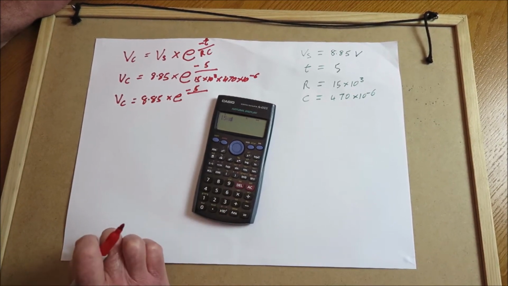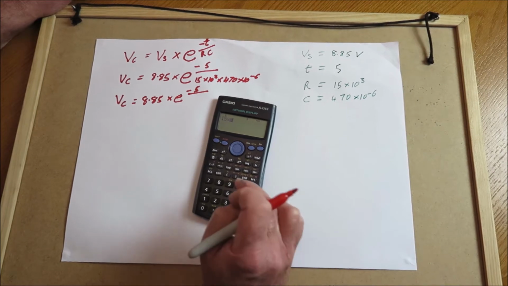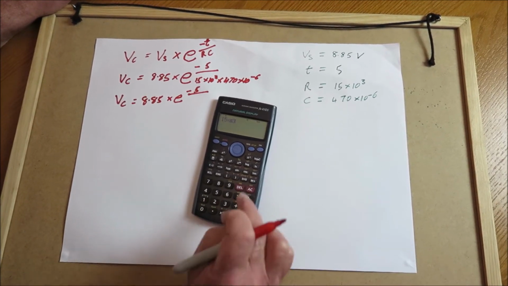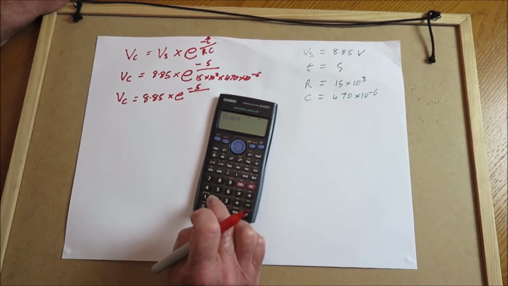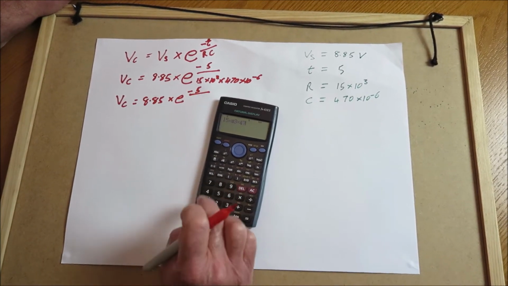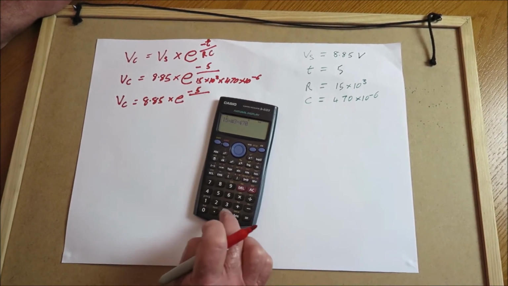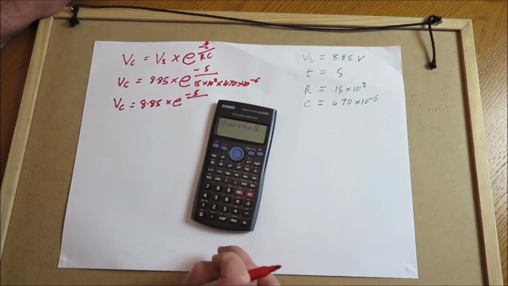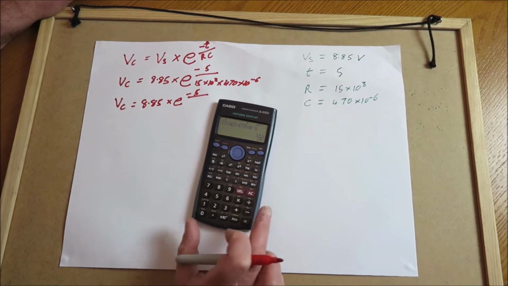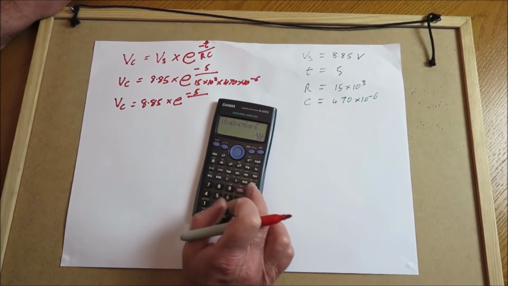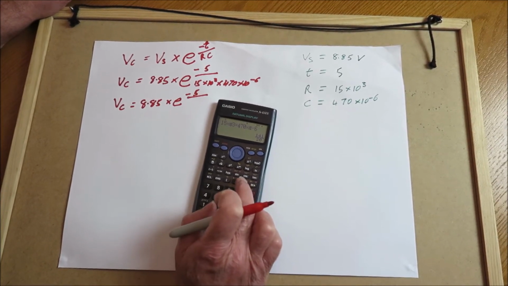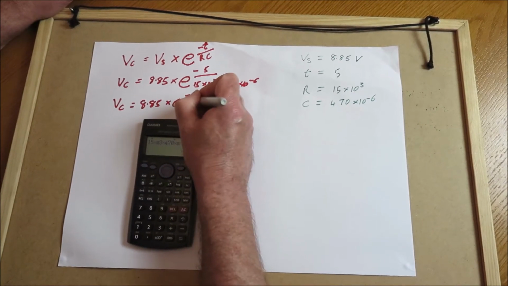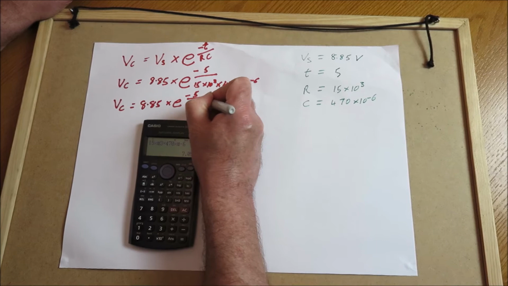So it's times 10 to the power 3. And then multiplied by 470 times 10 to the minus 6, because it's a microfarad. And that gives me a number of 0.00705, so in standard form, 7.05.